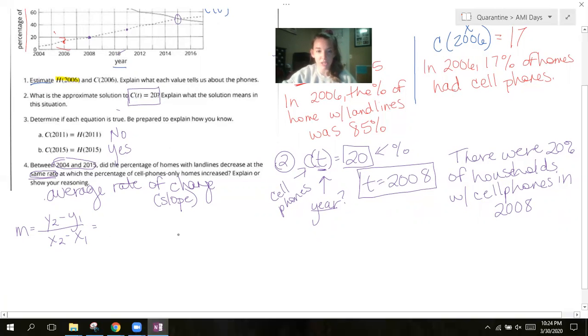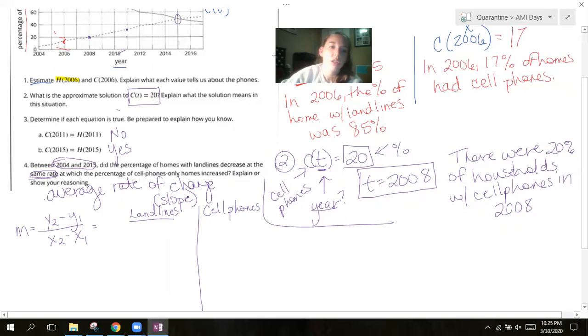So we're going to have to do this twice. We're going to do it once for landlines, and once for cell phones. So we've got to see where those 2 points are.